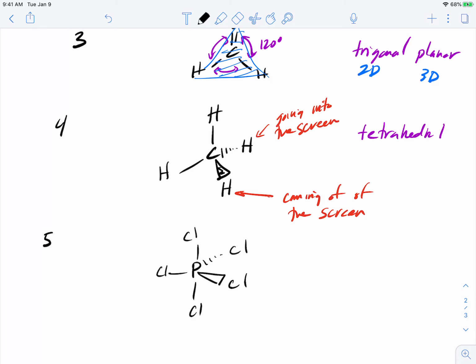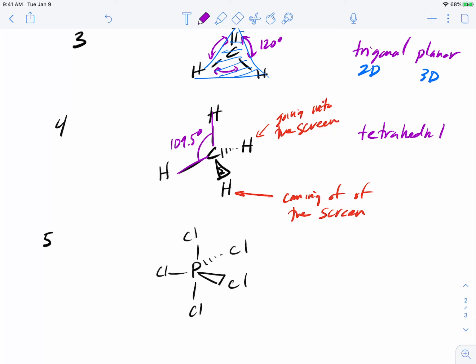The bond angles, let's go actually back and do the bond angles of the tetrahedral. The easiest one to see is when it's all in the plane of the board, and this is 109.5 degrees. And again, that's not 90, and you can see it's not when you draw it in that way because we are not dividing 360 by 4, but we have a 3-dimensional space to do that.